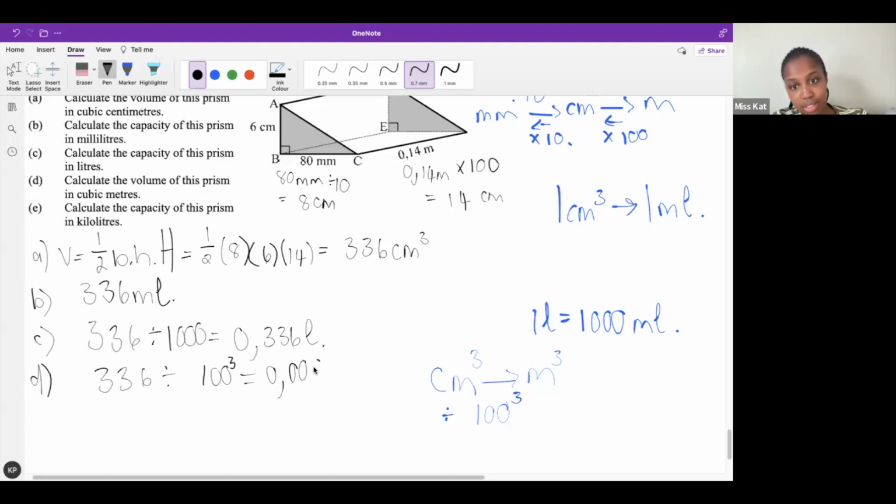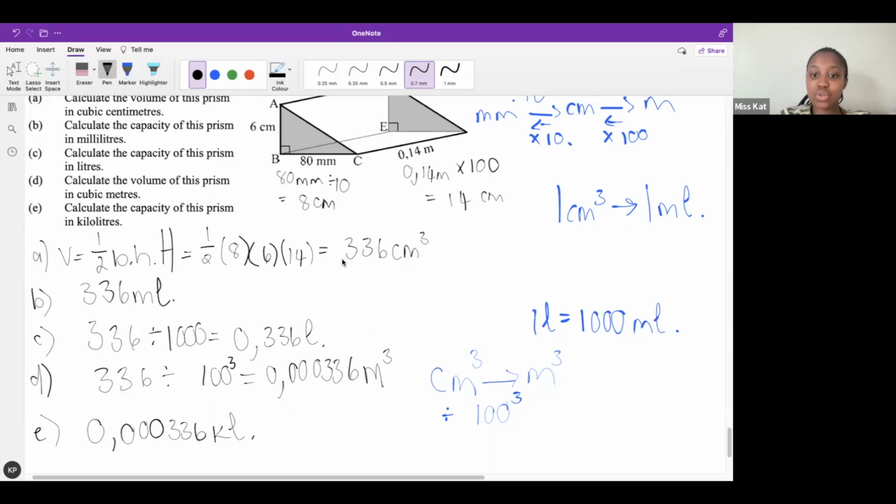There we go. That sounds more like it. 0.000336 meters cubed. Nice. And then in kiloliters, it's just the same thing because the unit conversion, you just change the units. So it's 0.000336 kiloliters. There we go.